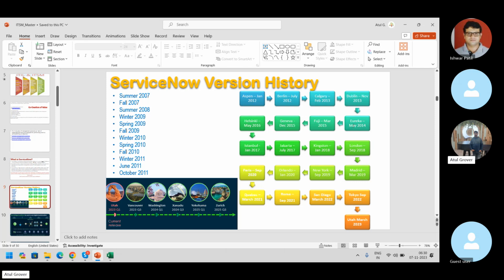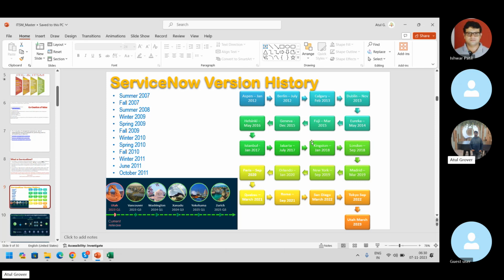In 2014, it was just a small 20-liter bucket. But now in 2023, it is like a big ocean. If you learn a small part, it doesn't mean that you have learned everything in ServiceNow. You just learned a small part. So you can think how far they have come.